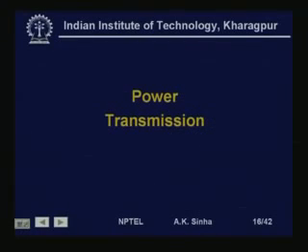Next part, we will talk about power transmission. Now, as we know, once the power is generated at the power plant, it has to be transmitted from these power plants up to the consumers, and generally, as we have said earlier, these power plants, especially the large ones, are built near the mines, or what we call pithead power plants, so that they save the cost of transporting the coal up to a power plant.